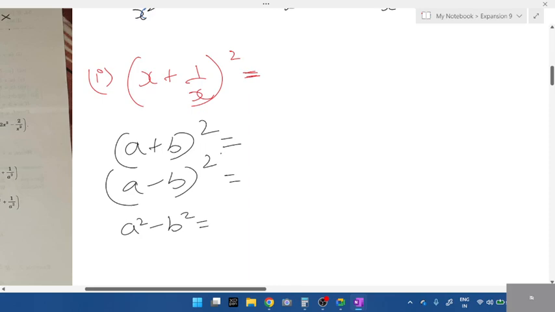What is A plus b the whole square? Tell me completely. A square plus 2 into AB. Without this, how are you solving in the beginning?